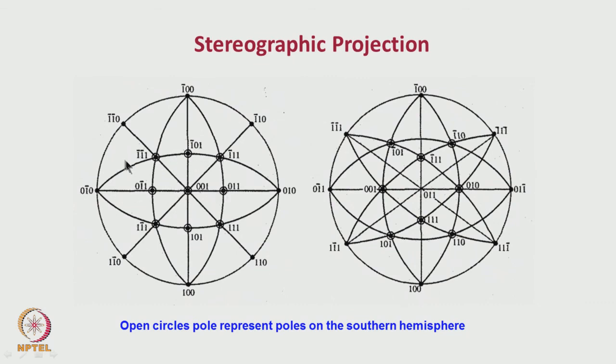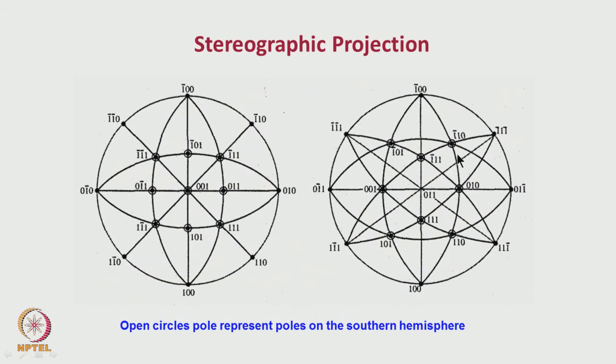Here, all of them will be moving on the latitudes corresponding to them, as we learned in the last class. When we do that, we can see that 011 has come to the center. 001, which was there, has moved 45 degrees and come to this point. 011 bar has moved from here and reached this point.